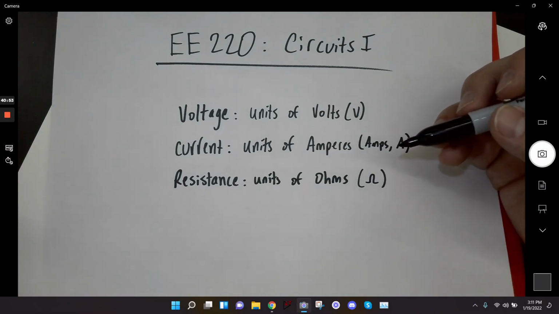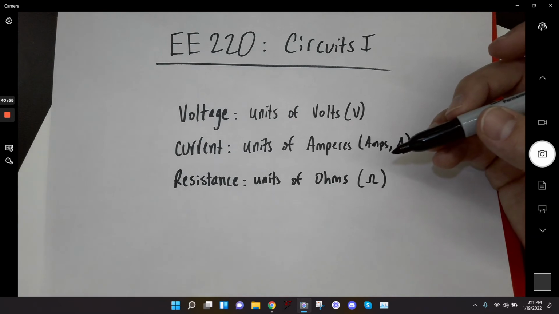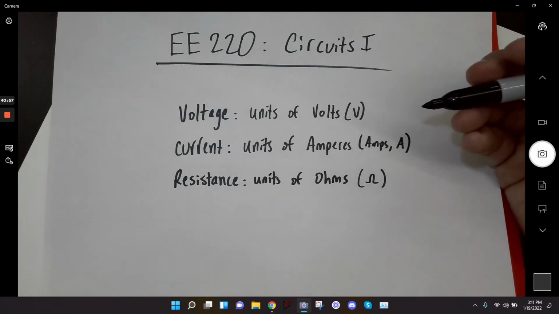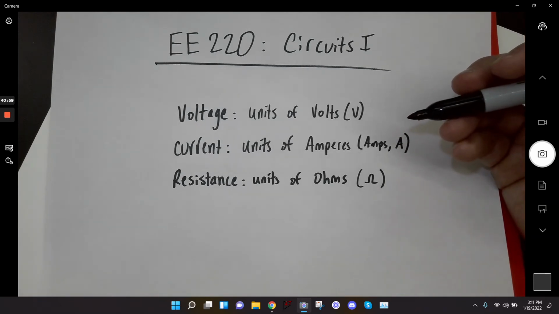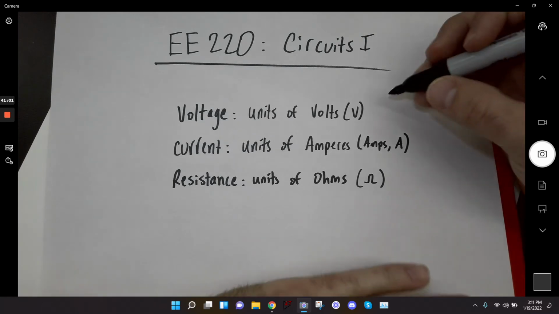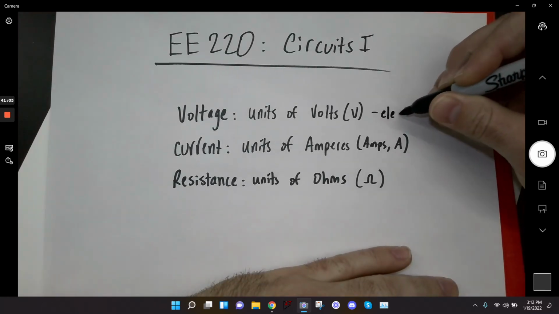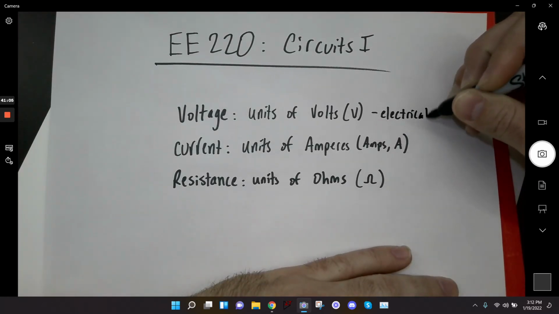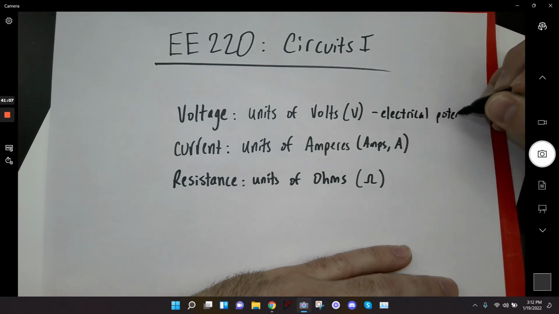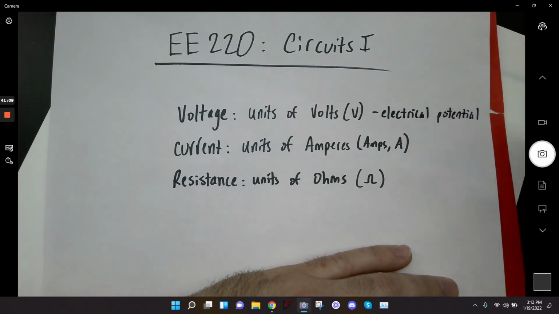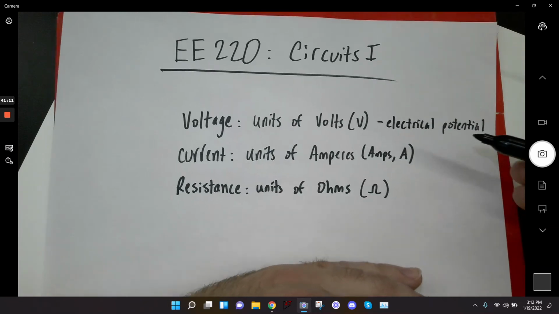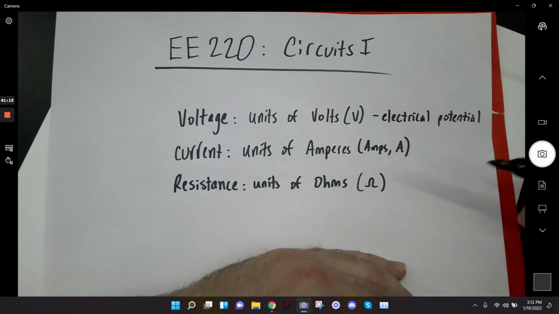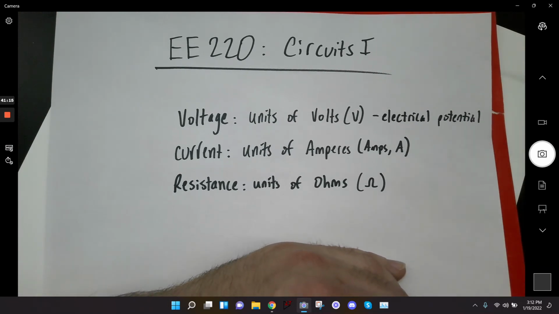And now I'm going to talk a little bit about what each one is. So voltage, I'm sure you've heard of voltage before. Voltage is also called electrical potential. And basically what it is is how much force the charges are being pushed with.